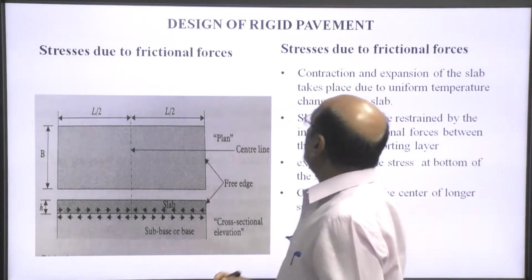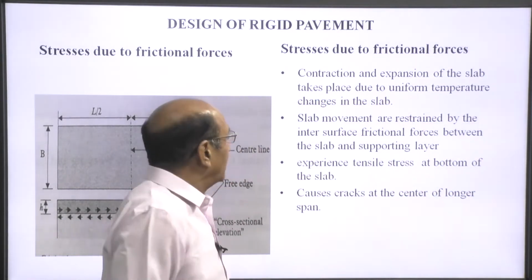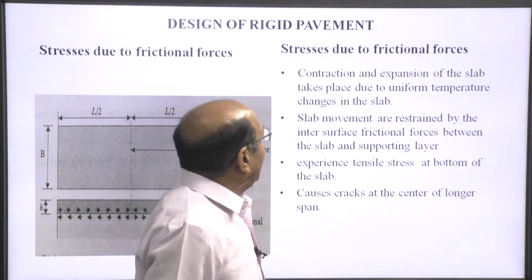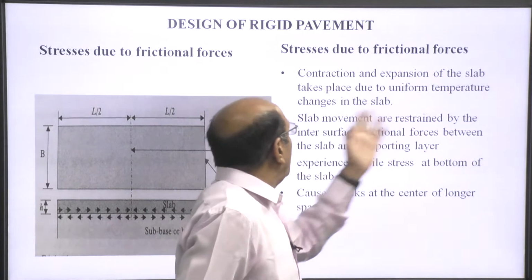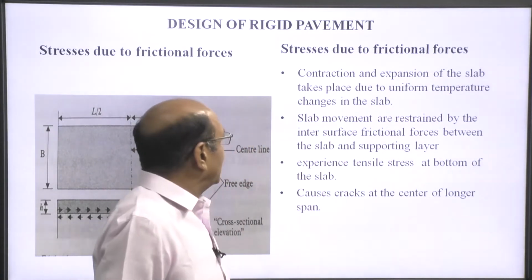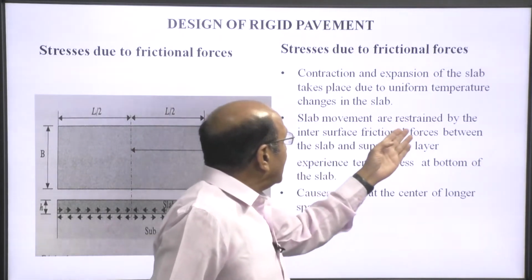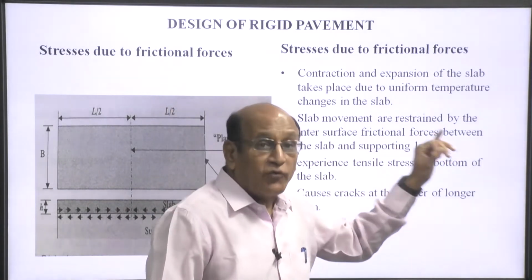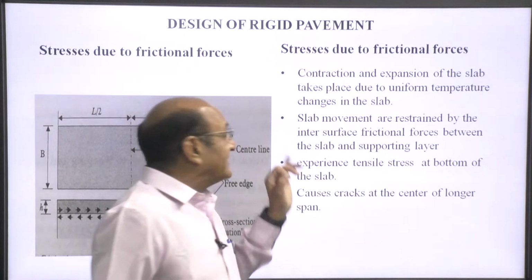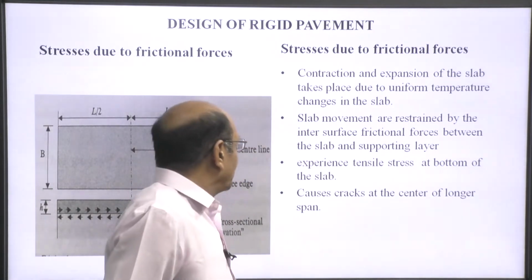Stress due to friction forces: the contraction and expansion of the slab take place due to uniform temperature change in the slab. Slab movements are restrained by the inter-surface frictional forces between the slab and the supporting layer.